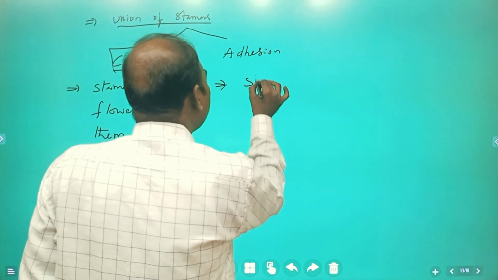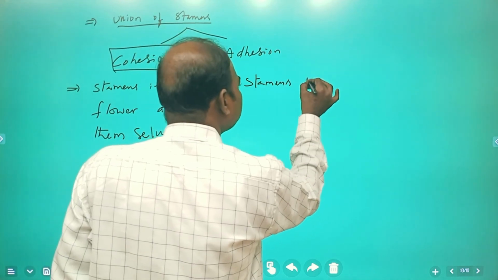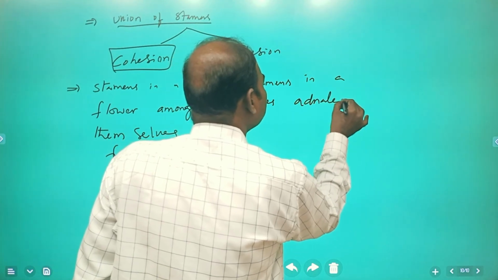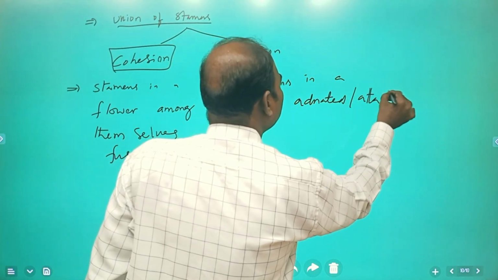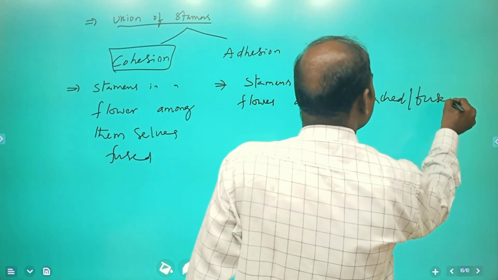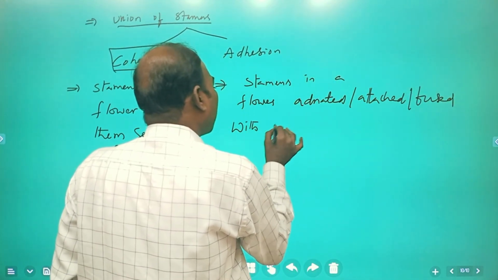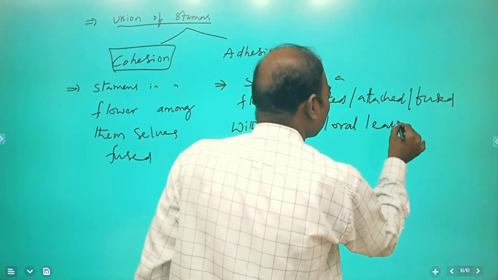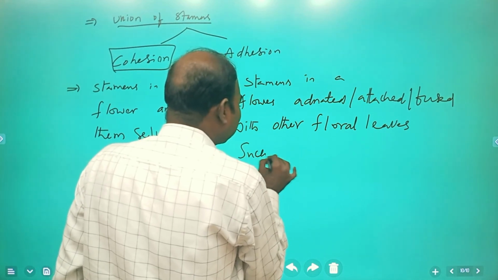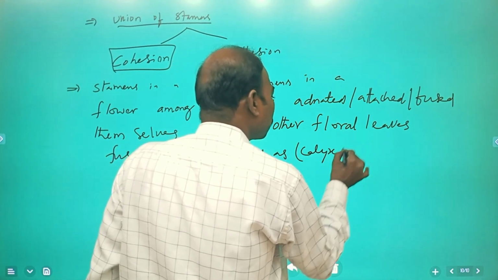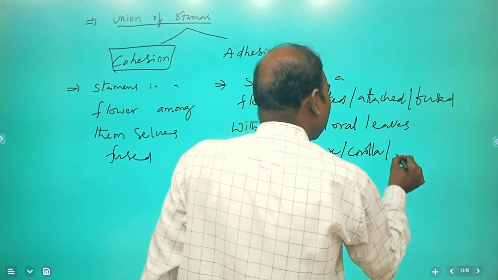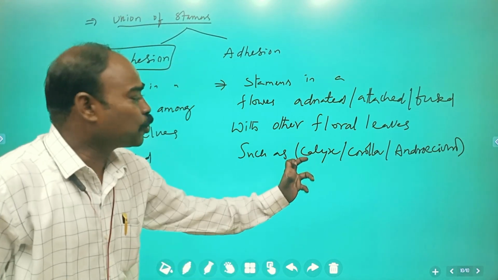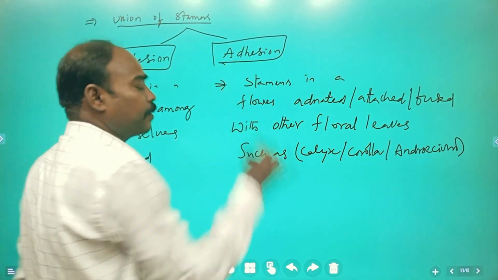But when stamens in a flower are adnated, attached or fused with other floral members such as calyx or corolla or gynoecium, such union is called adhesion.